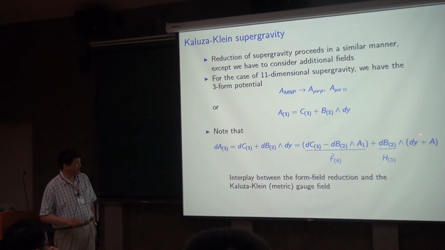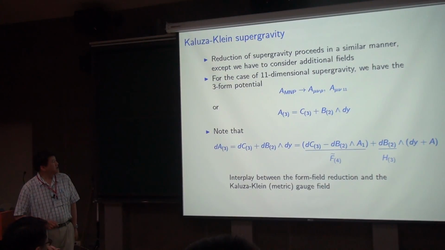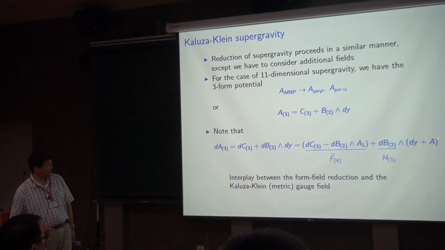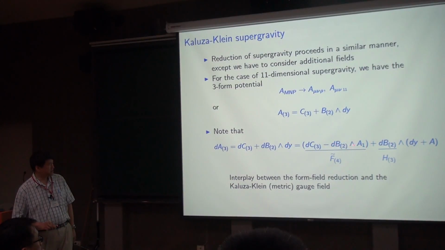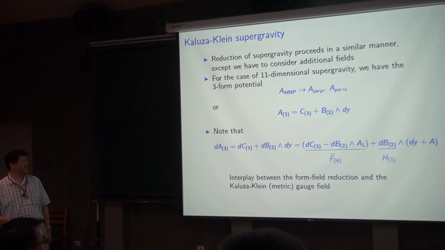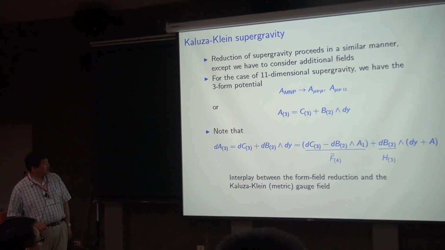There's a dilaton factor, which I ignored in this equation over here. But if I want to write dy as dy plus A with the gauged shift symmetry, I've added an extra term here. I can't just add A to dy without subtracting it off, which I did over here. And so this equal sign is just an identity, but it's a reorganization that says in 10 dimensions, the natural 4-form is a shifted 4-form, which I call F4 tilde, and the 3-form is, as it is, H equals dB.